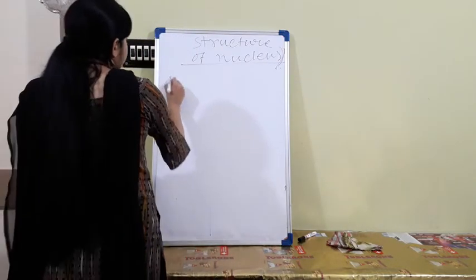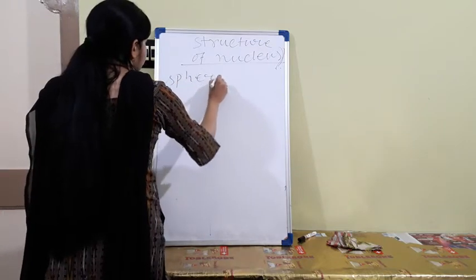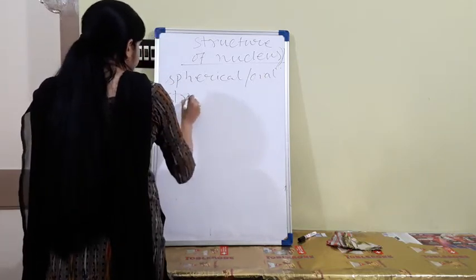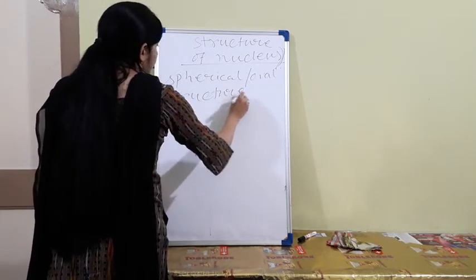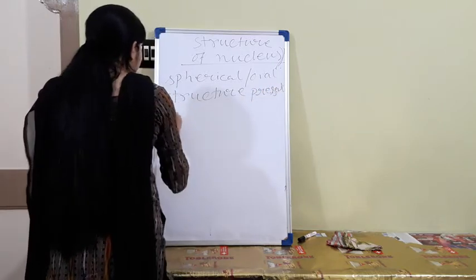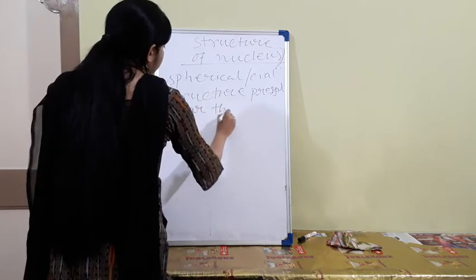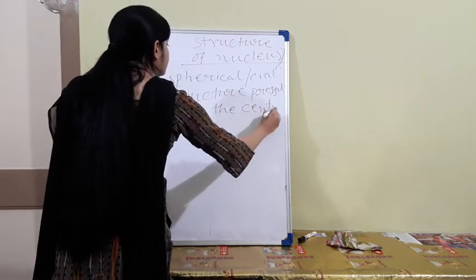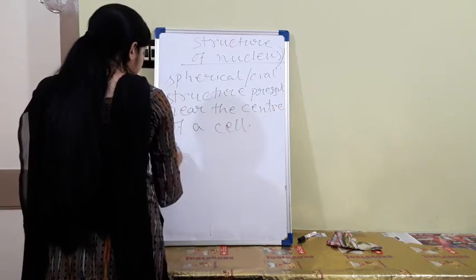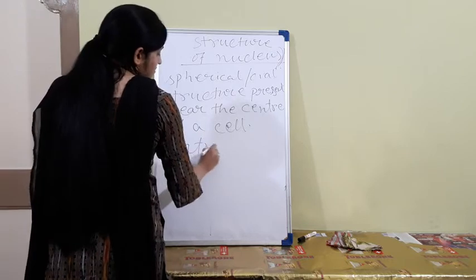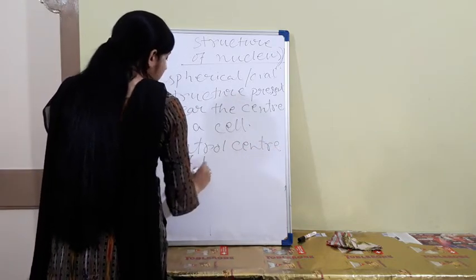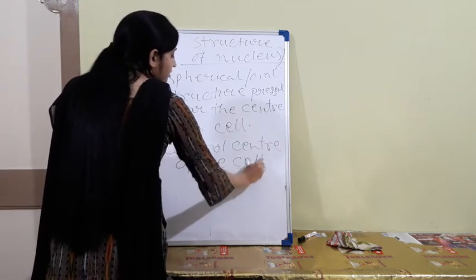It is a spherical or oval structure present near the center of a cell. You can say that it is the control center of the cell.